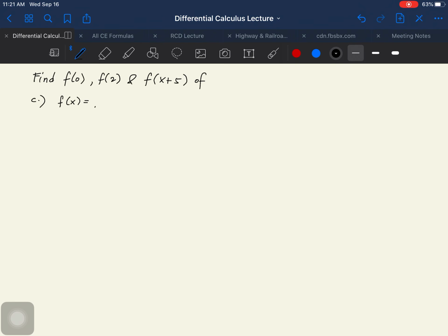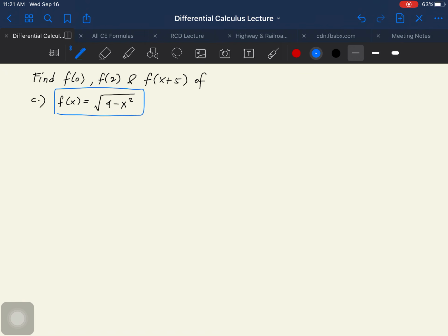Another dreaded form in mathematics is the radical sign. Why? Students tend to be nervous whenever they see the radical sign. Okay?